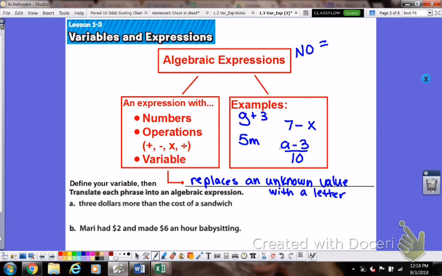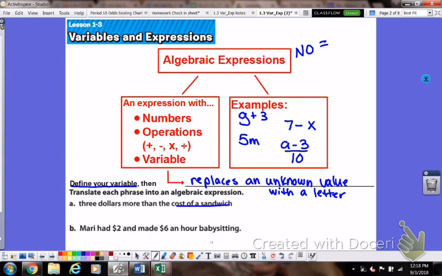Okay, so when we're given a verbal expression, we want to translate each phrase into an algebraic expression. Your first step is to define your variable. So if we look at part A, $3 more than the cost of a sandwich. What is our unknown here? Our unknown is the cost of the sandwich.